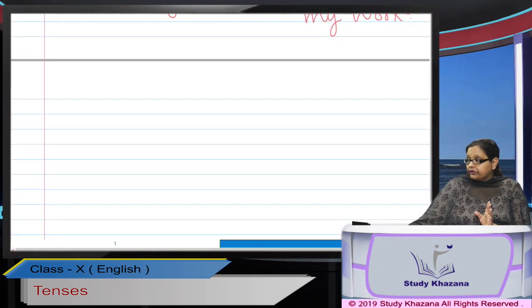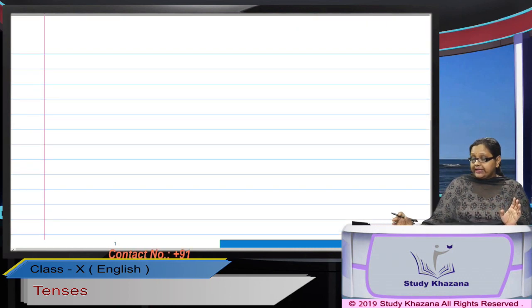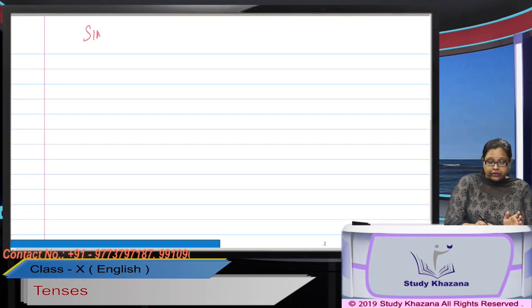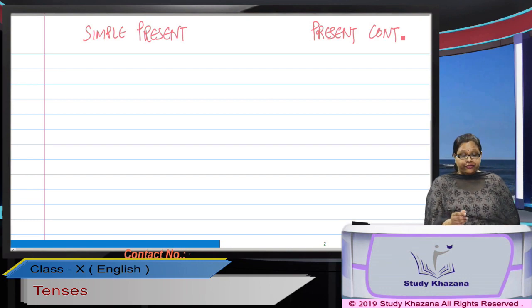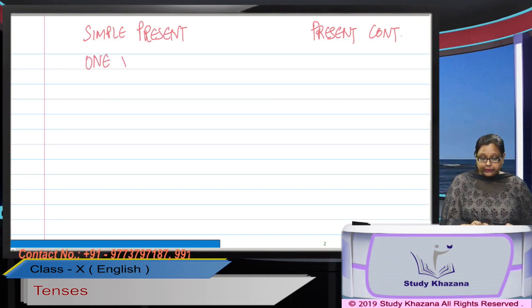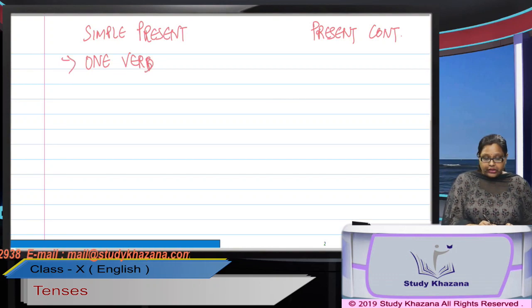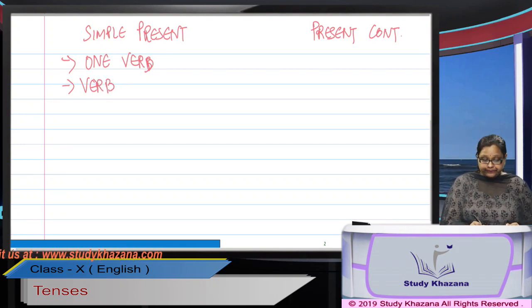Now, there is a small rule in simple present. In simple present, we have only one verb, that is the main verb. In simple present, we use the verb agreement. I will explain that.